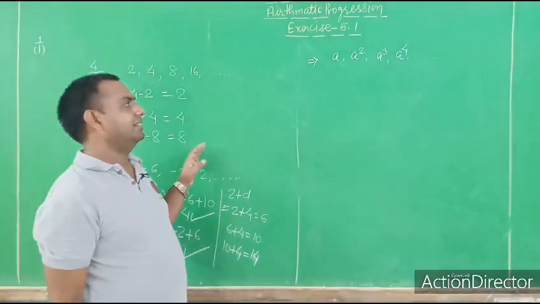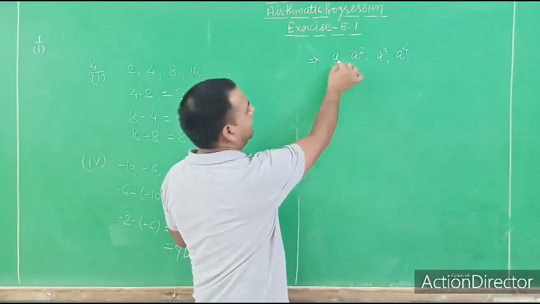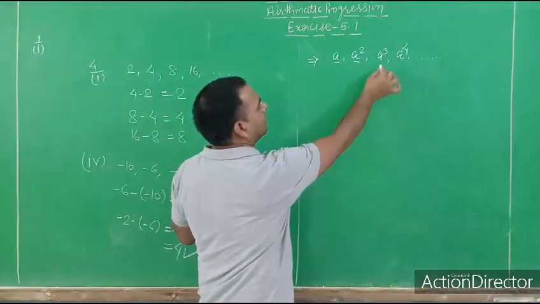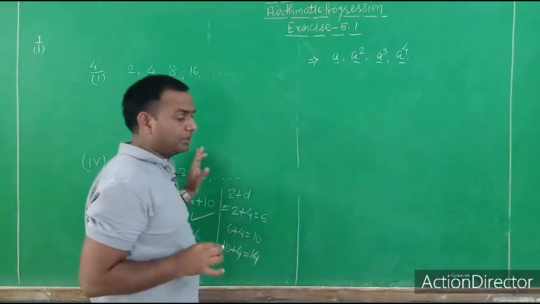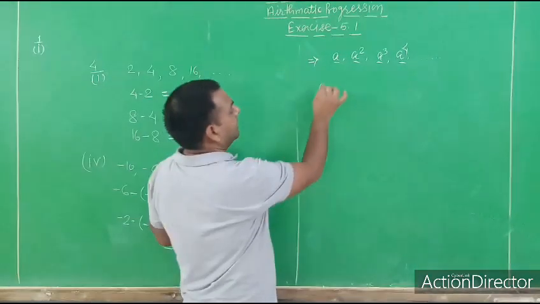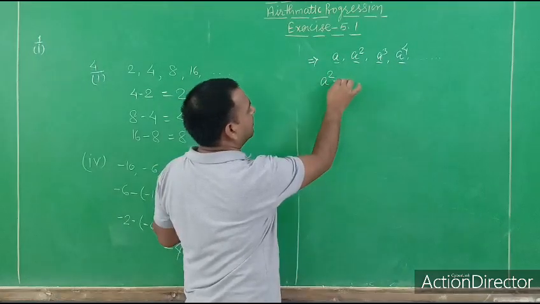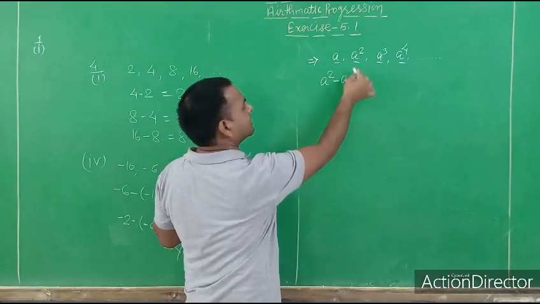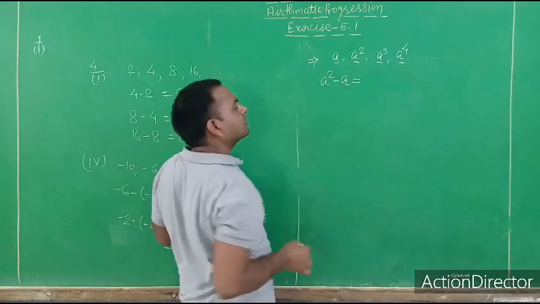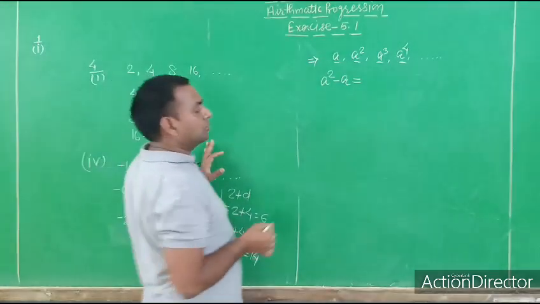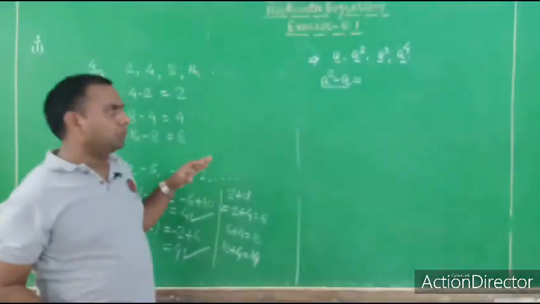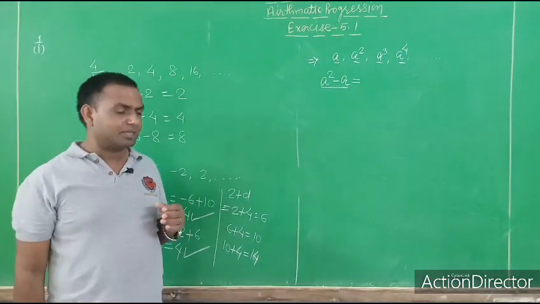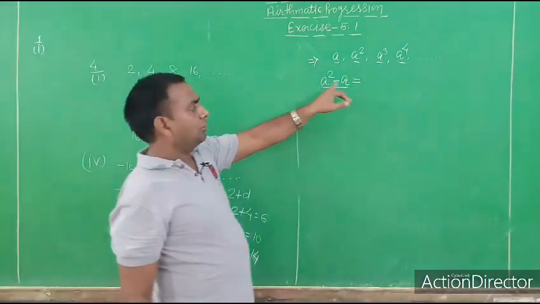Here you see that the first term is a, the second term is a square, the third term is a cube, the fourth term is a to the power 4. If you subtract a square minus a, it means second term minus first term. So this is an algebraic question. Here you add or subtract like terms, but these are not like terms.